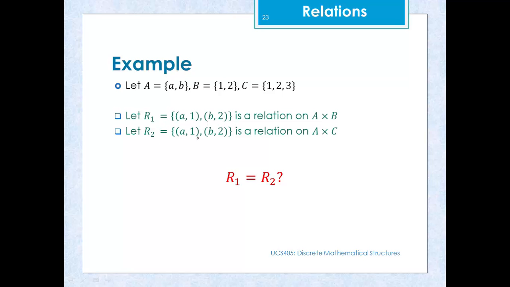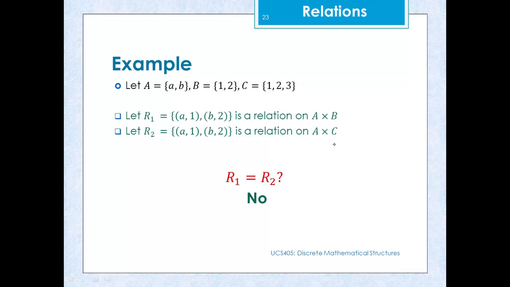Similarly R2 equals (a1, b2). So by seeing it, we can say that these may be equal, but the answer here is no. Why? Because R1 is defined on sets A and B, and R2 is defined from set A to set C. So the underlying sets on which these two relations are defined are not the same. So that's why, even with the same ordered pairs, these two relations are not equal.